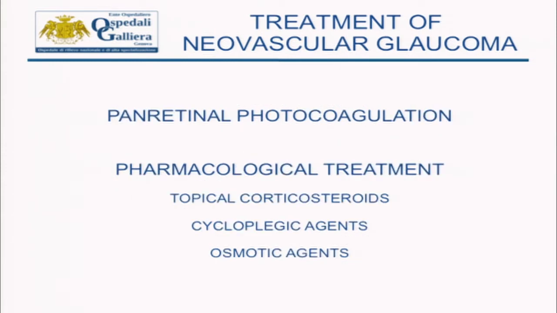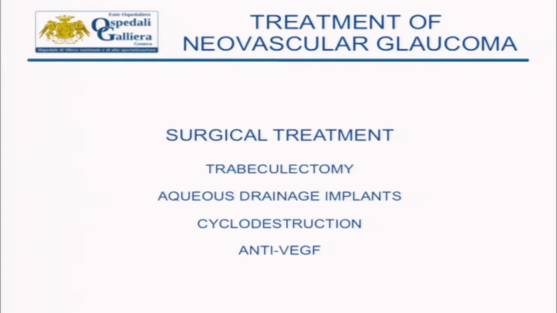So, of course, we have different situations. We try to prevent the neovascular glaucoma at the beginning of the treatment with radiotherapy, or afterwards when the neovascular glaucoma is evident. And so you can see different situations.